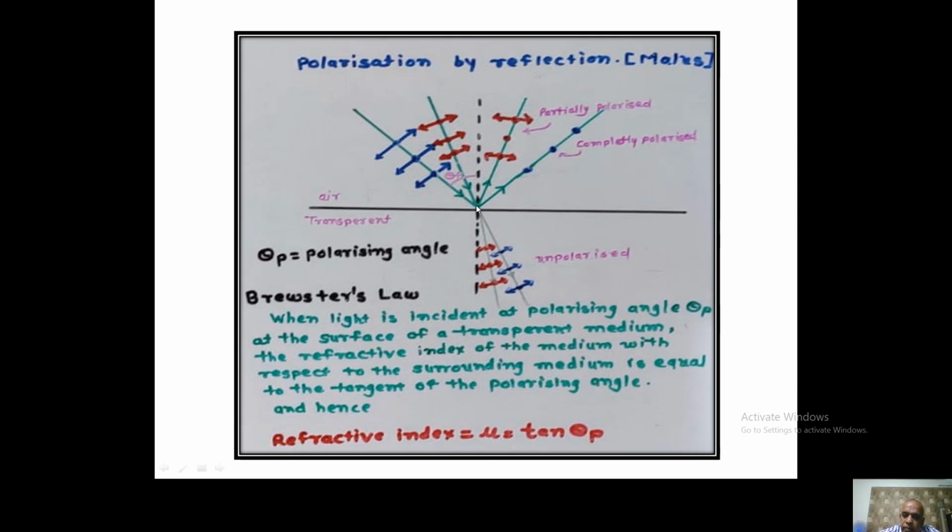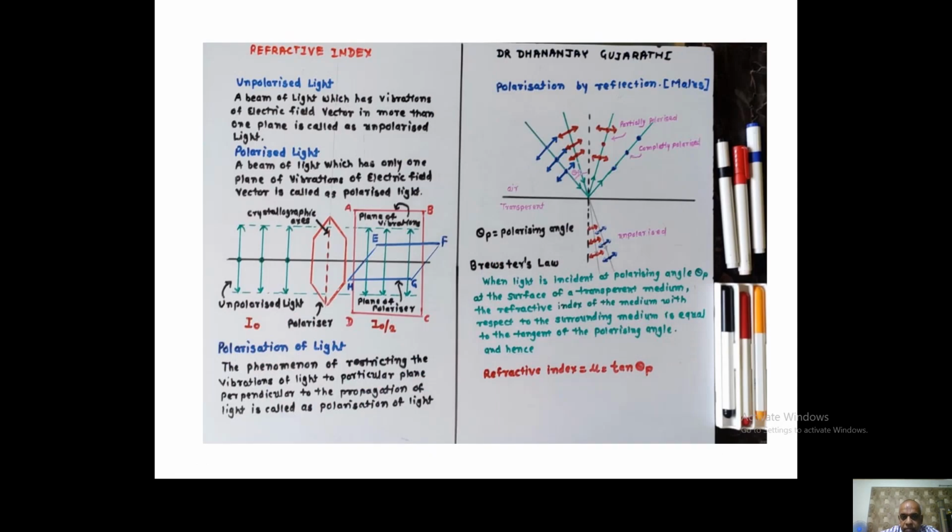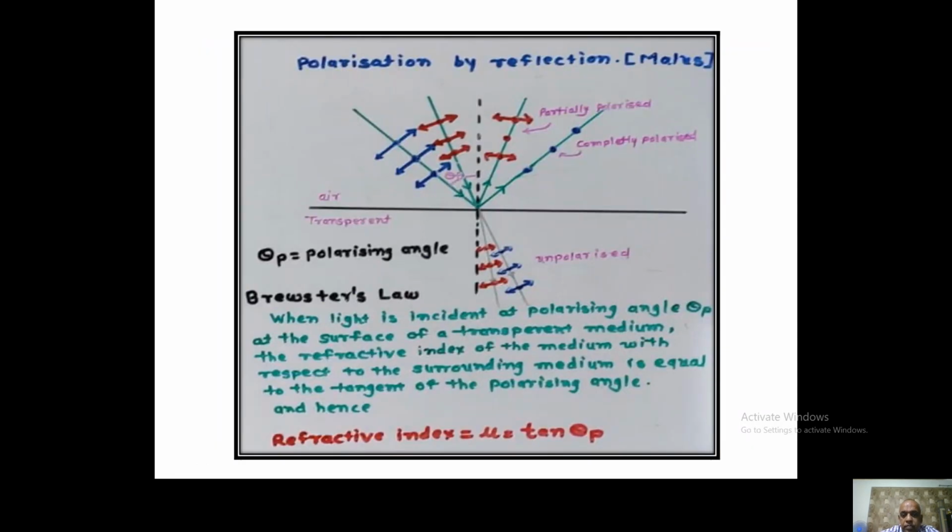Then obviously the incident light is reflected as well as refracted. That means this is the incident light, this is the reflected light, and this is the refracted light.